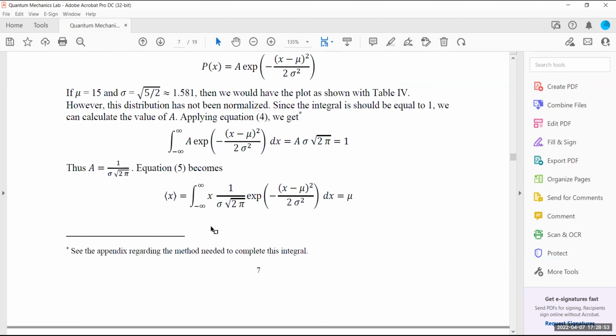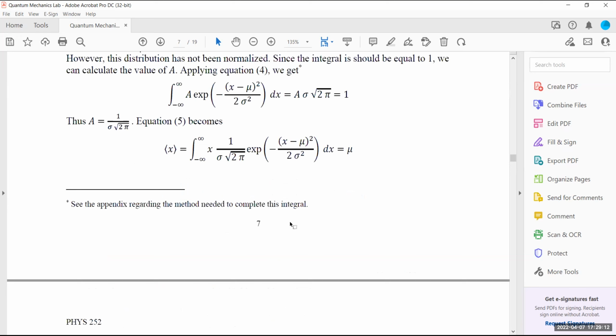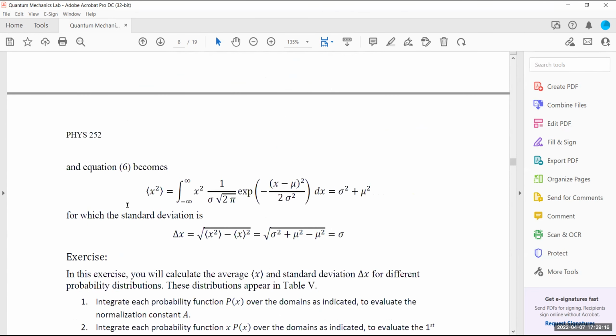Move the mu squared to the other side, and you have x squared is equal to sigma squared plus mu squared. Okay, that is, if you wish, how we can find sigma. Sigma itself, the standard deviation, is just the average of the squares minus the square of the average under the square root. So it's the same expression here rewritten again, that's all. But you can show that that's actually where this is coming from. You can do the actual integration in here and it will yield you that number, okay?